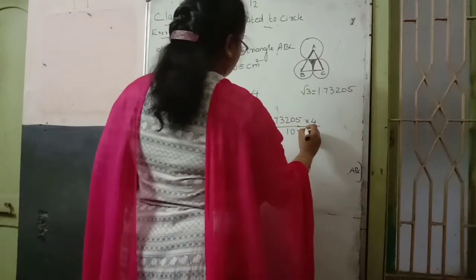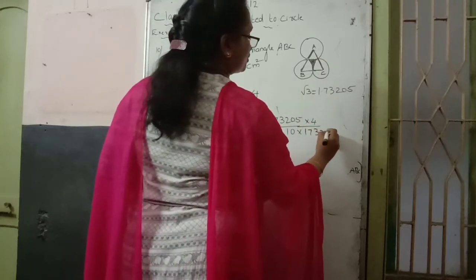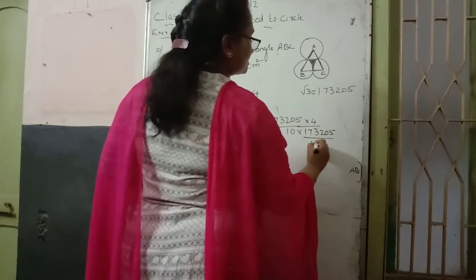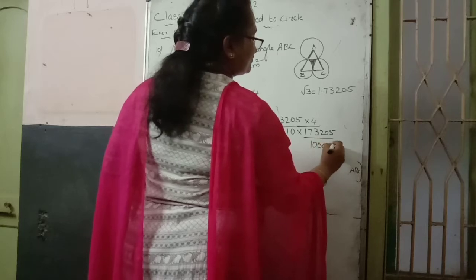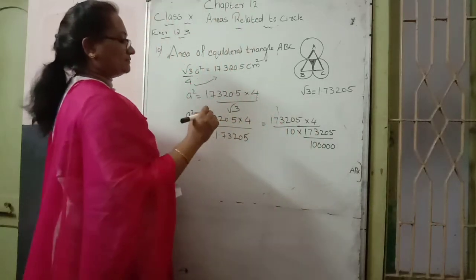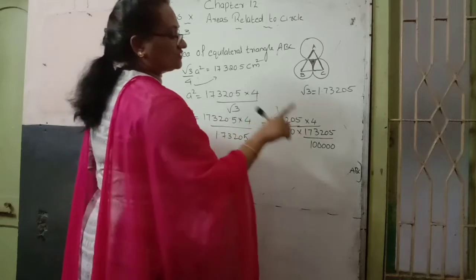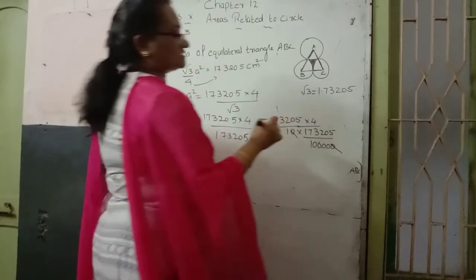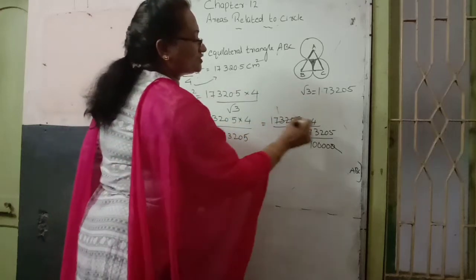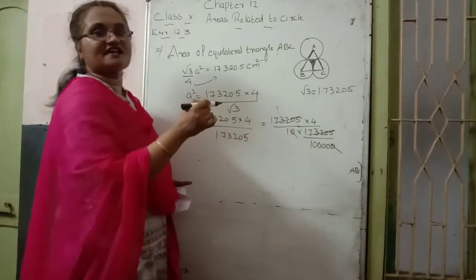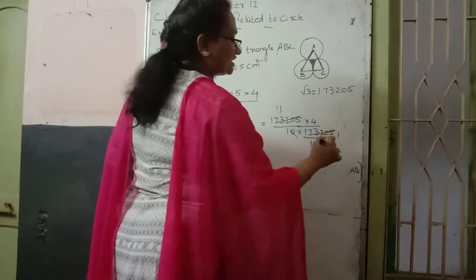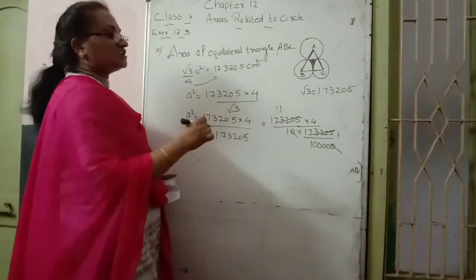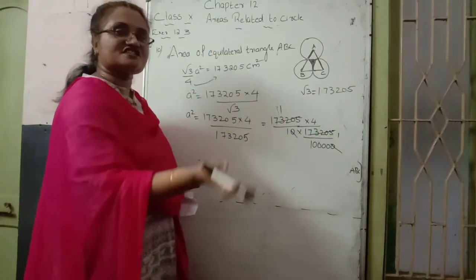So 173205 is divided by 1 and 5 zeros. Zeros cancel and the same numbers cancel, so 1 by 10,000 is coming in the denominator.